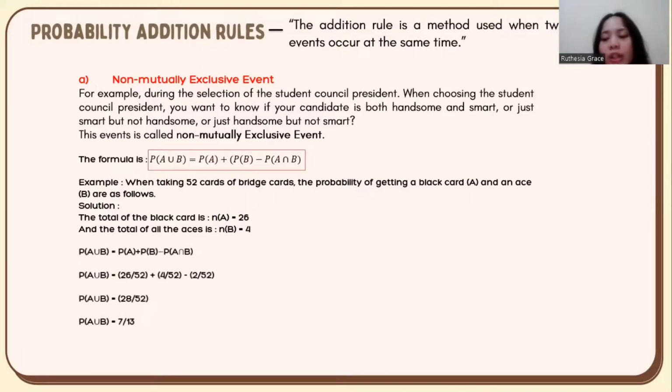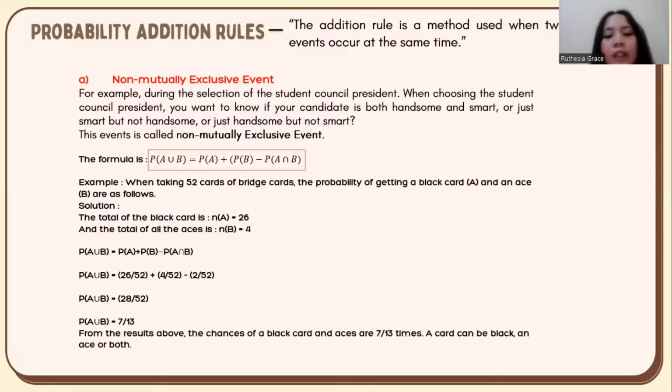So, we just enter the formula, which is the probability of the union of A and B is equal to probability of A plus probability of B minus probability of the intersection of A and B, and the result is 7/13. And from the results above, the chance of getting a black card or an ace is 7/13. And a card can be a black card, an ace, or both.